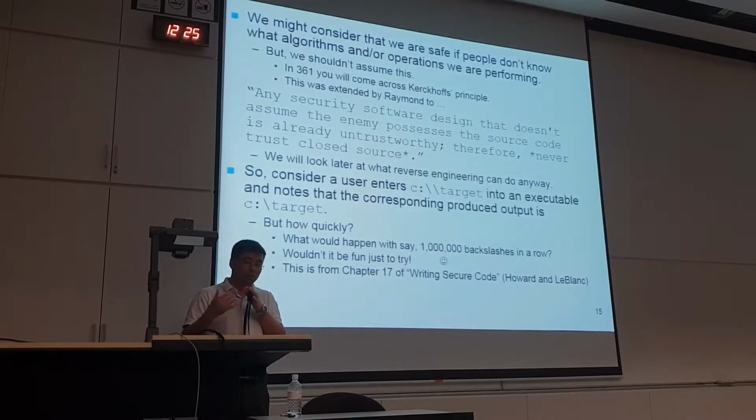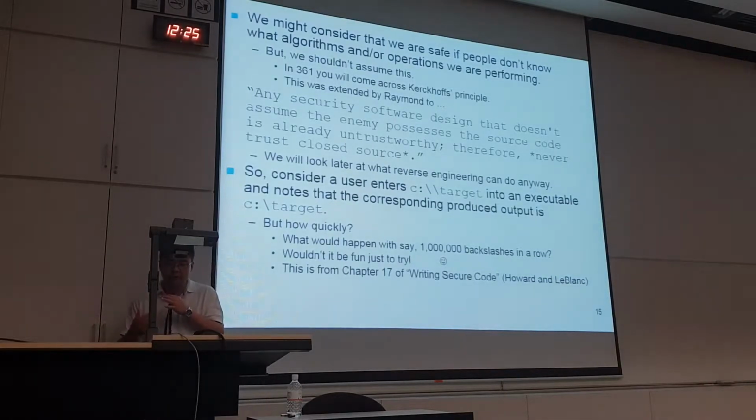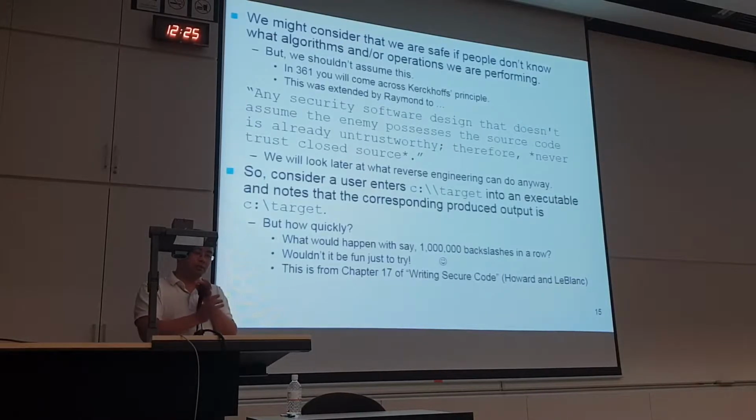Actually, nowadays this kind of reverse engineering can be done very easily. There are a lot of tools that can decompile or disassemble the code. If you search on the internet, you can find some disassembler or decompiler. Given the machine code, they can convert it to the assembly code or even to the source code.